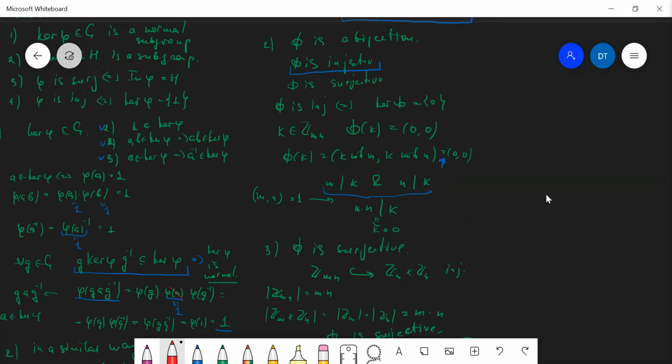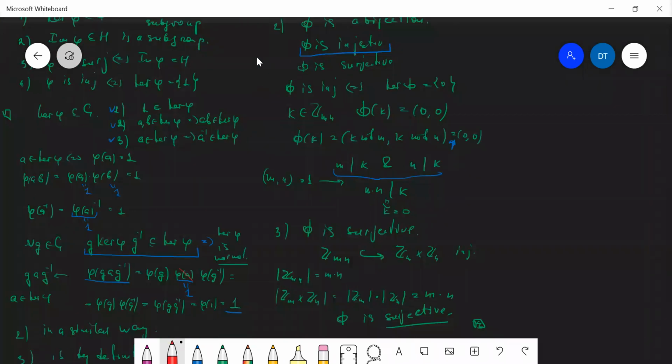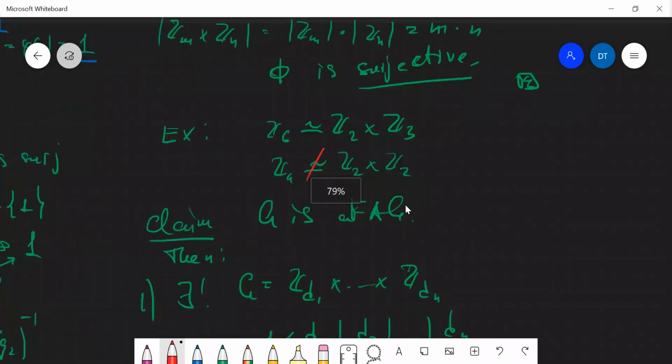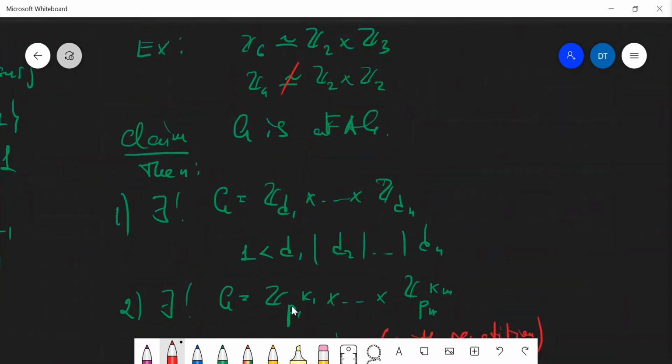Okay, cool. And another question. In the example with Z4, which isn't isomorphic to the Cartesian product of Z2 and Z2, by the claim that comes later, Z4 must have a representation. By this claim, this is the second representation, and the second and the first representation for the left and the right hand side are the same.